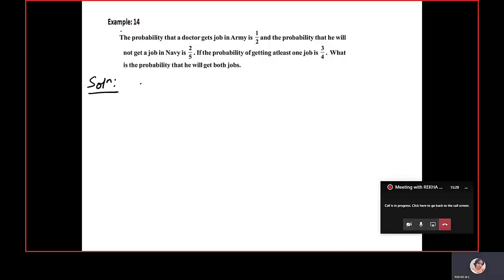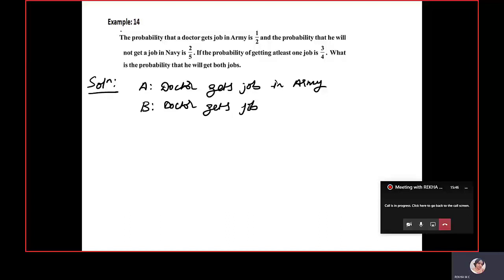Solution. So let the event A be doctor gets job in army, and event B be doctor gets job in navy.